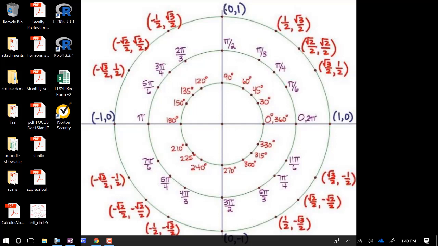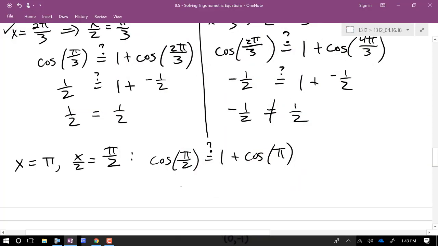Zero. It's at the top of the circle, right? The x-coordinate is 0 there, although it's a little obscured by the projector screen. And cosine of pi is negative 1. So 0, is this equal to 1 plus negative 1?